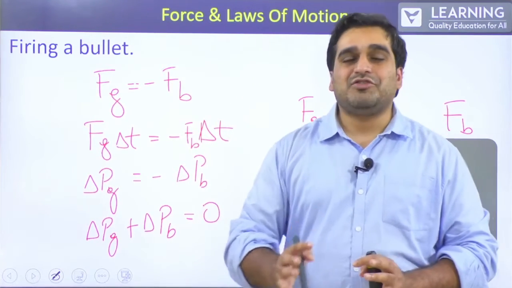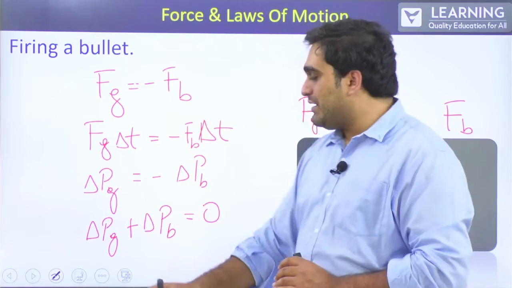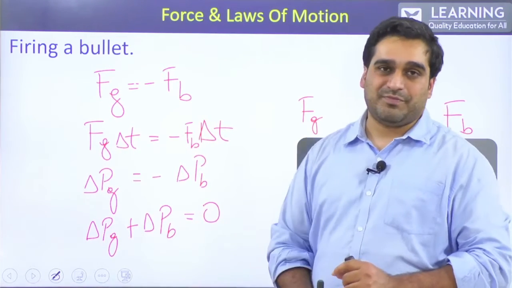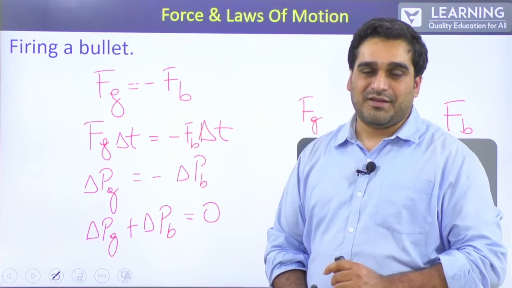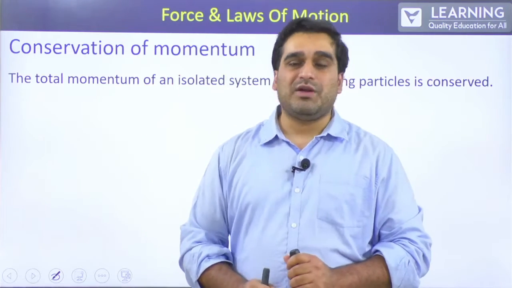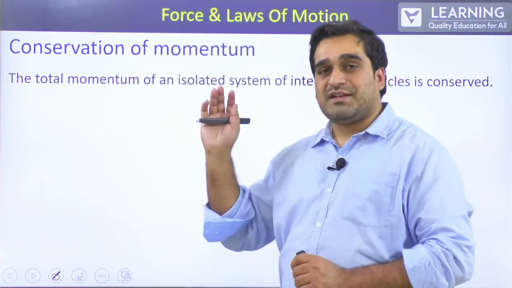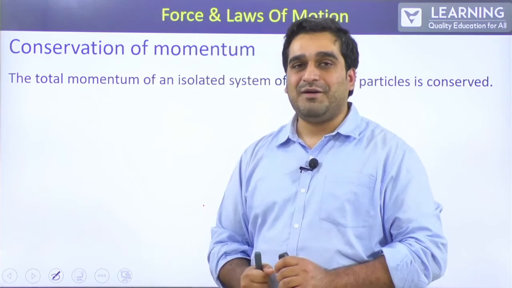The sum of the two changes in momentum occurring for a gun and for a bullet is equal to 0. So this is what we call conservation of momentum for a given example, the firing of a bullet.